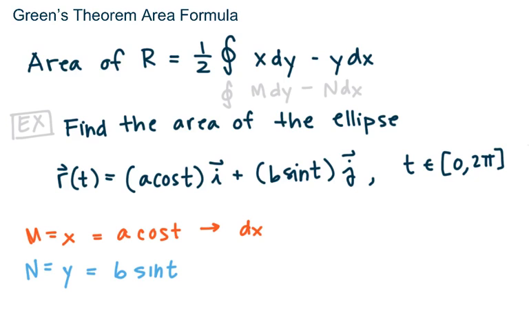The derivative of cosine is negative sine, so I have negative a sine t dt. And dy, the derivative of sine is cosine, so b cosine t dt.